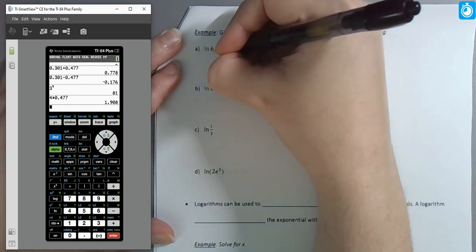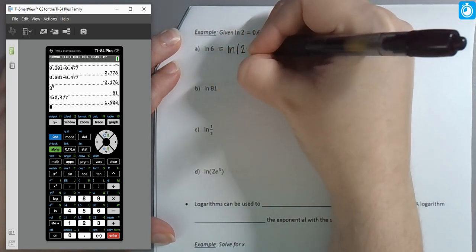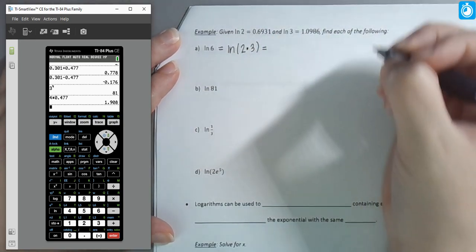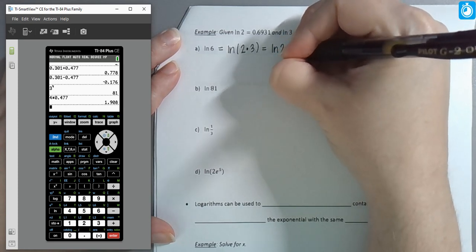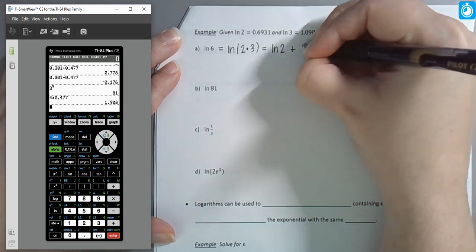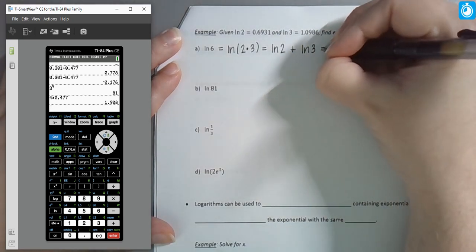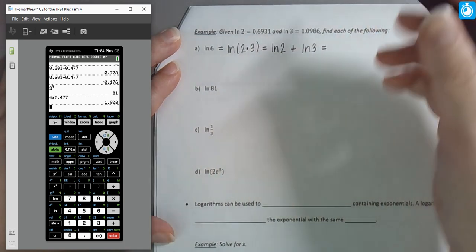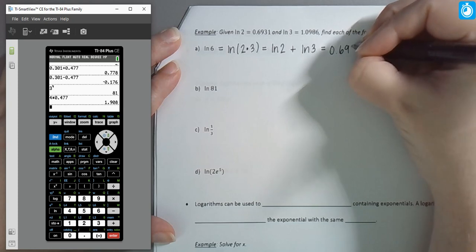Well, we know from the previous example that we could take 6 and write it as the product of 2 and 3. And if we have a product inside of a logarithm, we know we can split it up into two separate logarithms that are then separated by addition. So natural log of 2, based on what we've been told, is 0.6931.